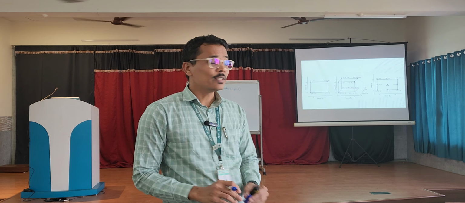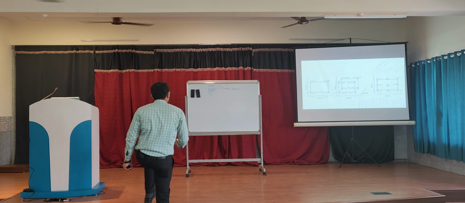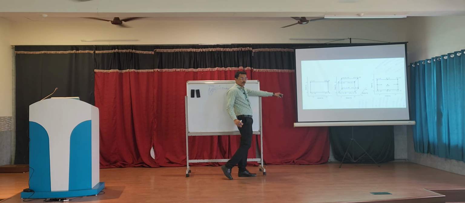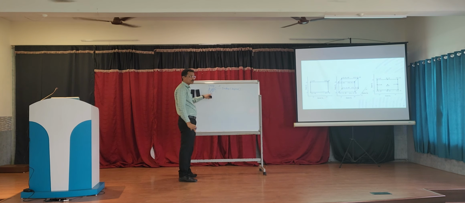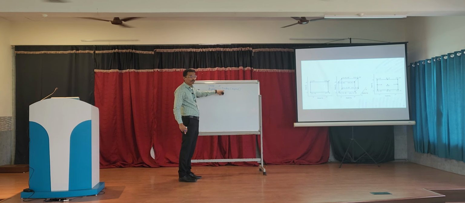Okay, so this kind of representation we obtain for the three types of factorial design. In the first example, two factors are there. Okay, according to this formula, n stands for the factor. How many factors are there? X stands for the number of levels.